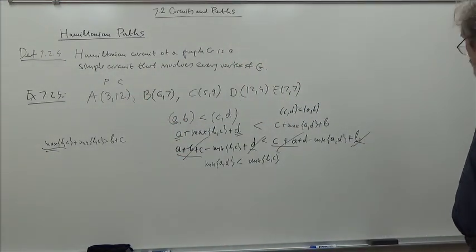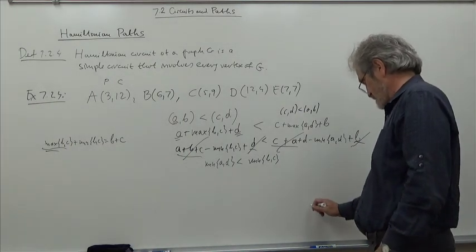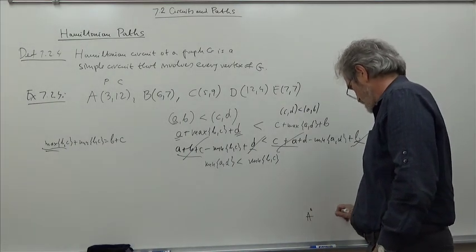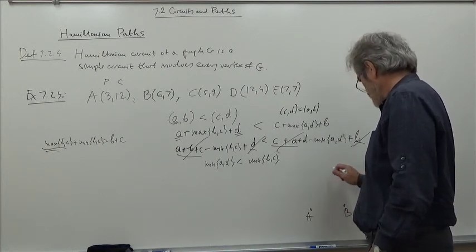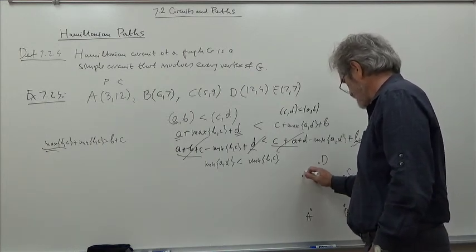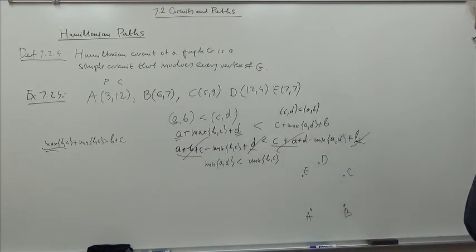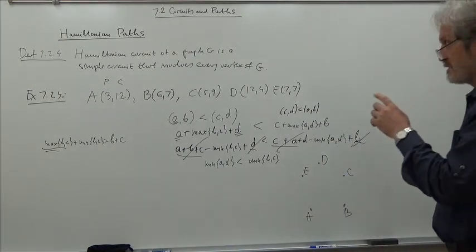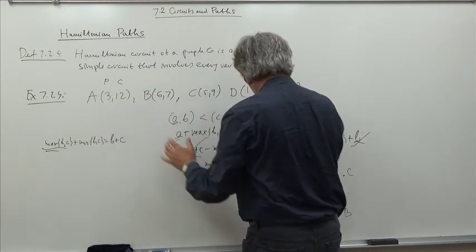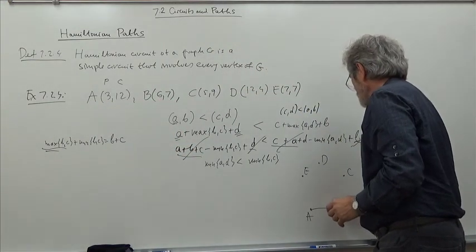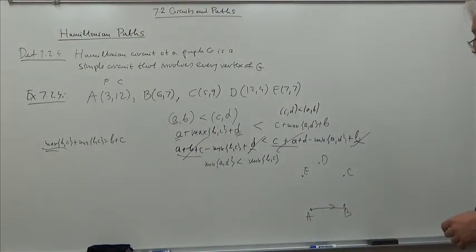For example, we record the decisions as a graph. So this is A, B, here is C, here is D, here is E. We take minimum: the minimum outside is 3, the minimum inside is 6. So I'll do A before B, and I put an arrow that A is before B.